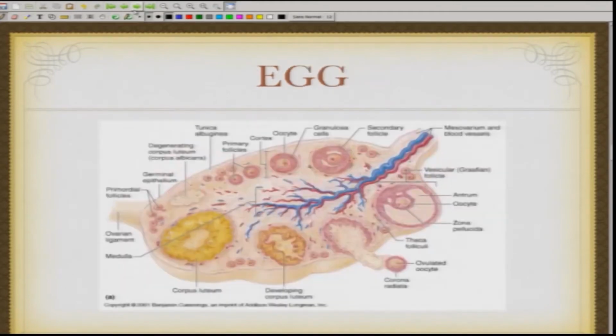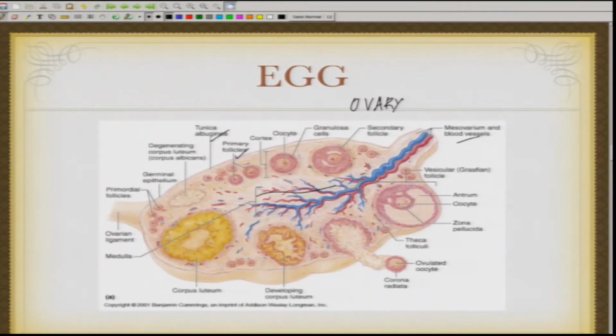Okay. Now coming back to the formation of the egg. We talked about the sperm formation. Now let's talk about the egg. So this is the cross section of the ovary, and these are the blood vessels which are coming, that is fairly evident. Now if you look at it, again, tunica albuginea.